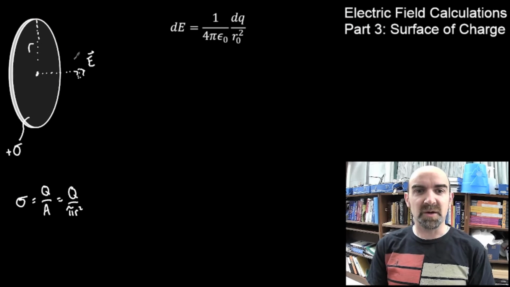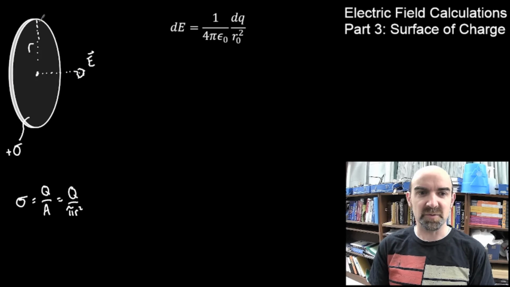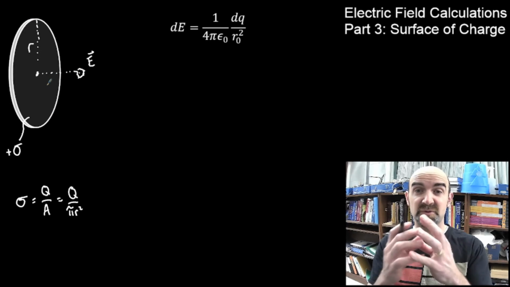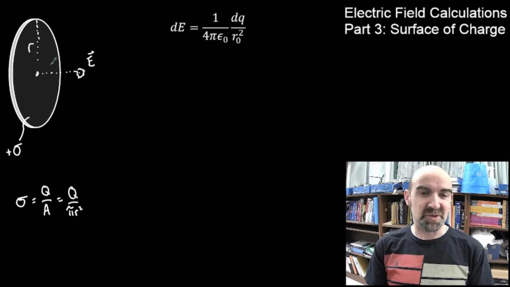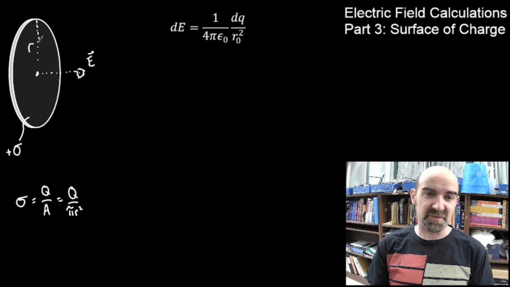All right, so if we're looking at the electric field here due to a bunch of positive charge distributed uniformly on this disk or on the surface, we're going to have to start looking at little pieces of that sigma. Now, I did define an R value here.